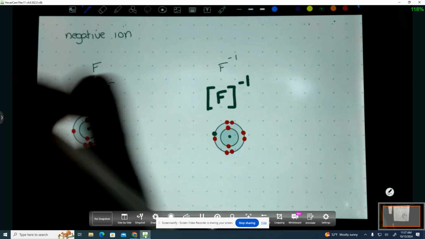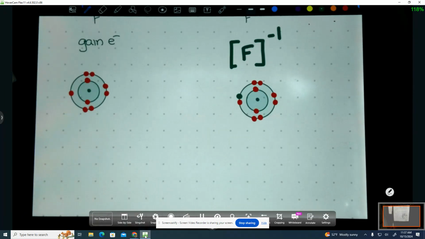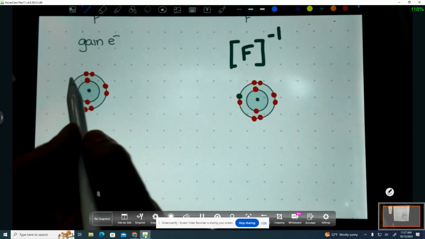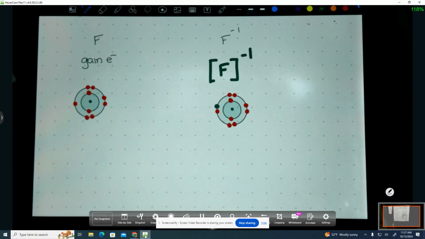This is kind of like review here. What happens to the size of the atom or ion when it becomes a negative ion? I think you need to think hard about this. It does increase. Now, the real question is, why does it increase in size?